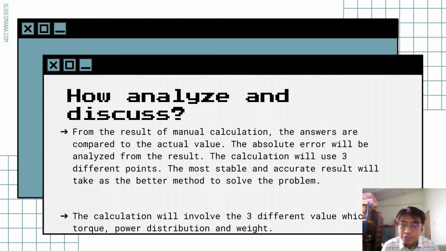So we will choose three different points, and the most stable and accurate result will be taken as the better method to solve the problem. The calculation will involve three different values, which are torque, power distribution, and weight. That's all from me. Assalamualaikum warahmatullahi wabarakatuh.